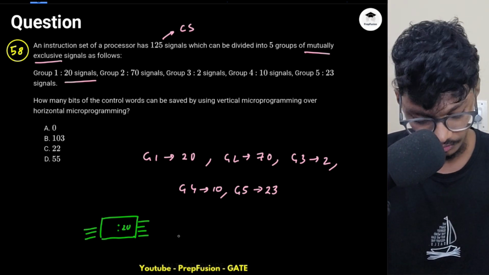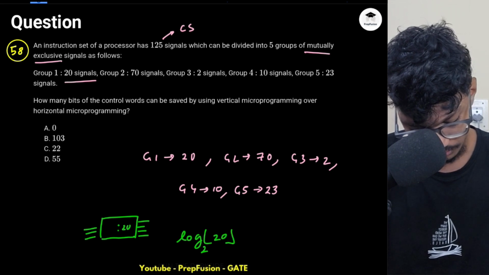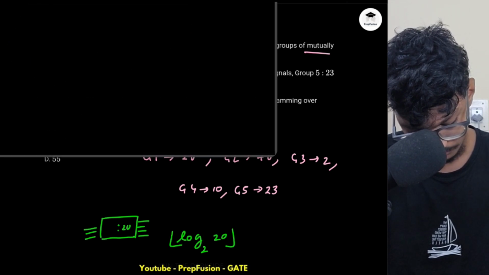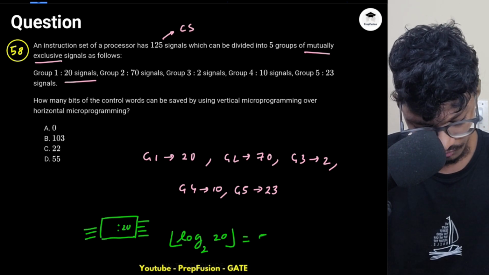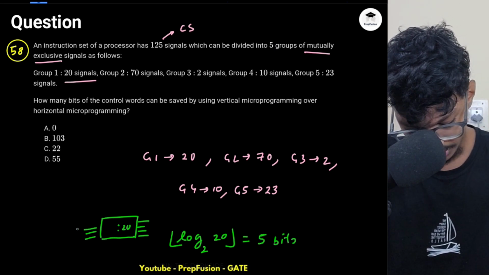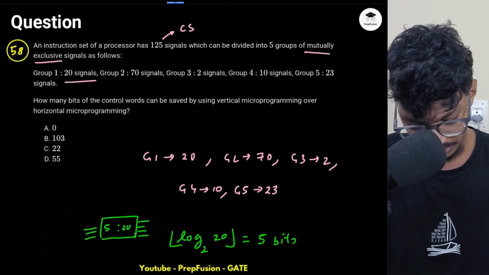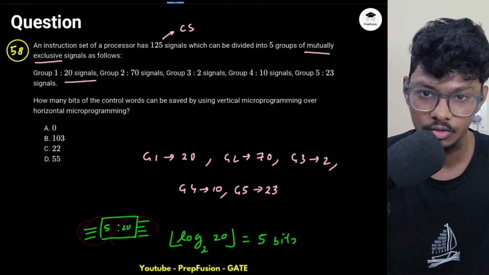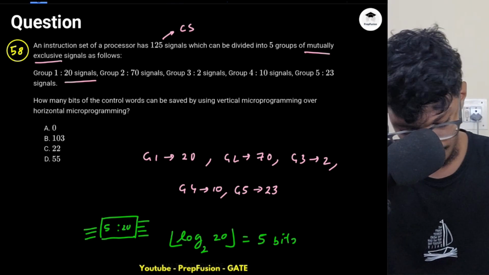If you have studied digital electronics, it will be log base 2 of 20, correct? Not this, the upper bound of 20. So the upper bound of 20 is simply 5 bits, right? So here I will have 5 signals. This will be a 5:20 decoder that will decode from 5 signals to 20, correct?